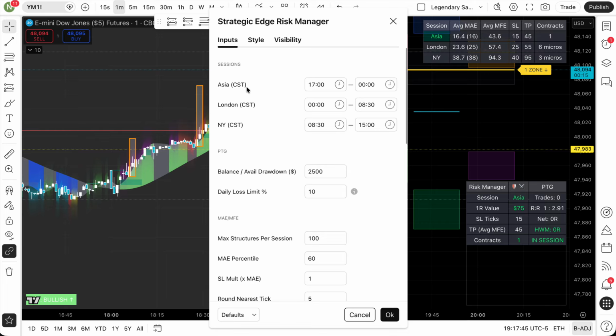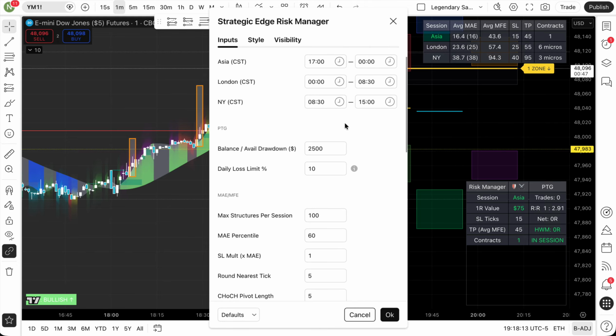If you're trading a Globex product or COMEX, then you'll have to adjust the times accordingly to when those products are being traded and based on the native time frame of the product itself. So if it's New York based, then you're going to want to use Eastern Standard Time, etc.